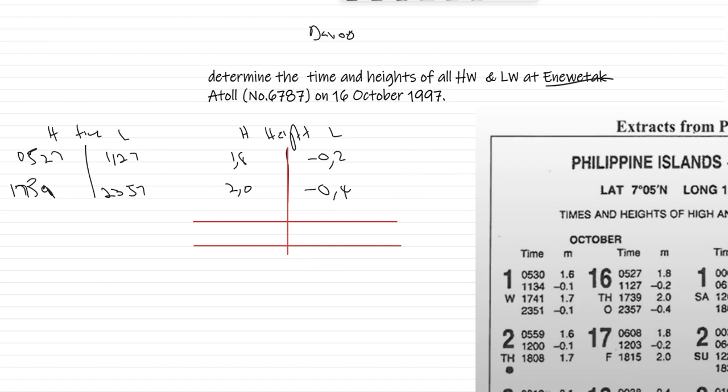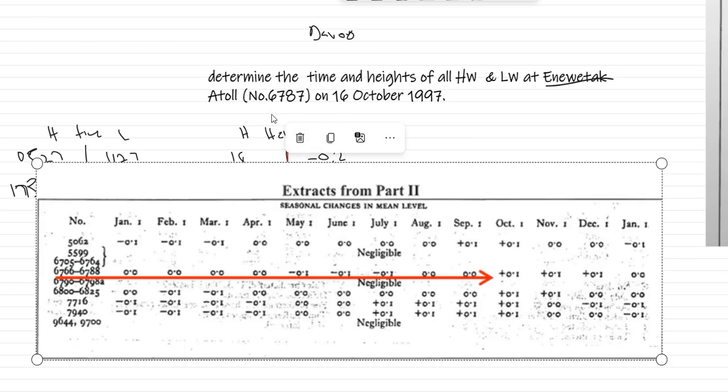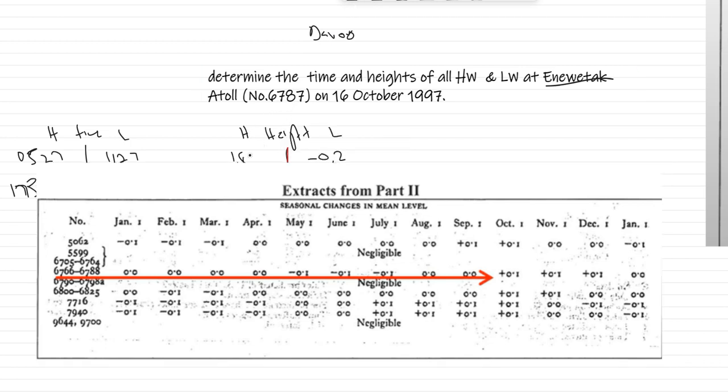Remember, our secondary port has an ATT number of 6787, which is about this range here. So we're just going to find our seasonal change in mean level to be here, because it's October and corresponding to an ATT number.